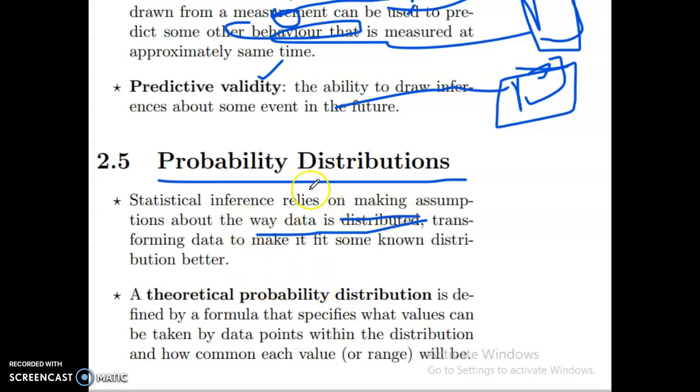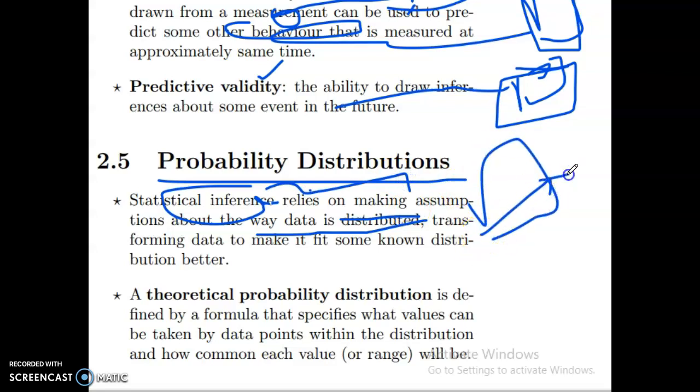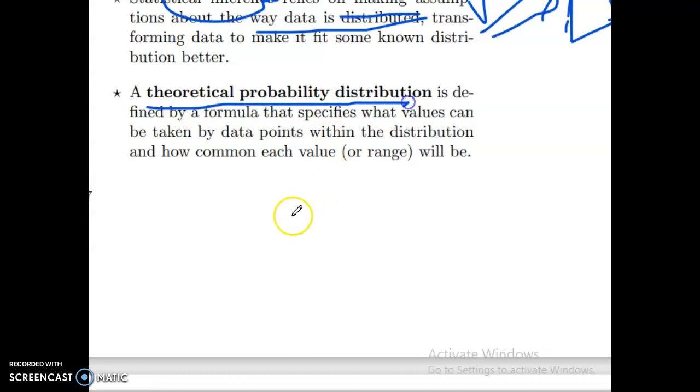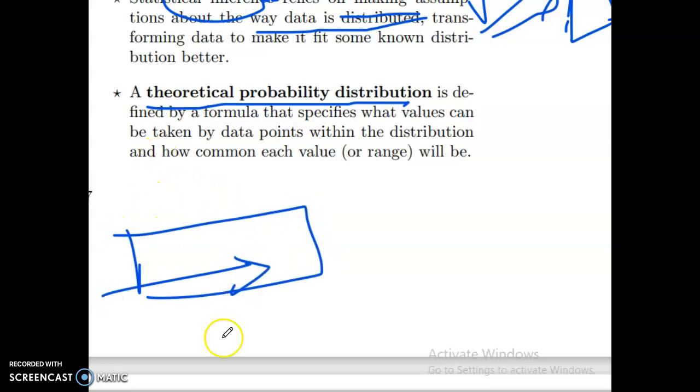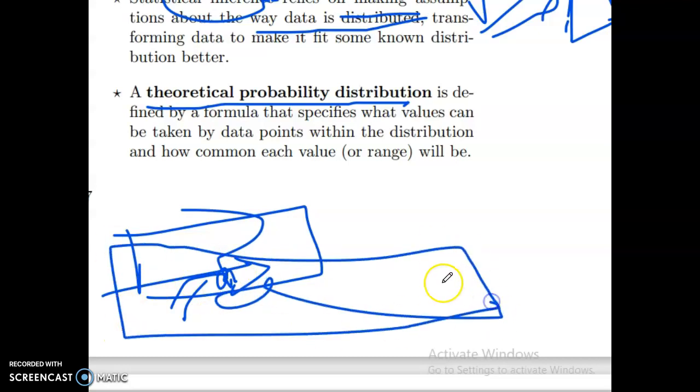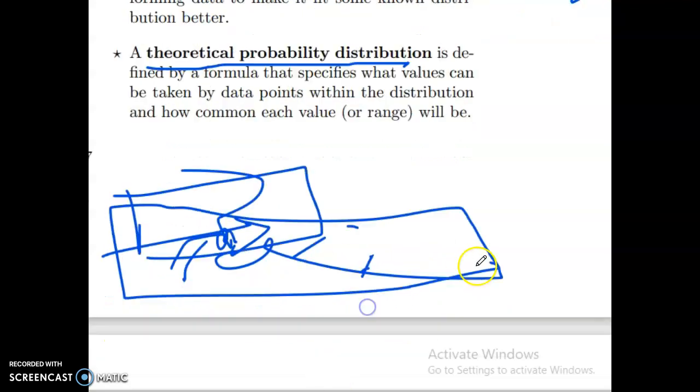A theoretical probability distribution is defined by a formula that specifies what values can be taken by data points within the distribution and how common each value or range will be.